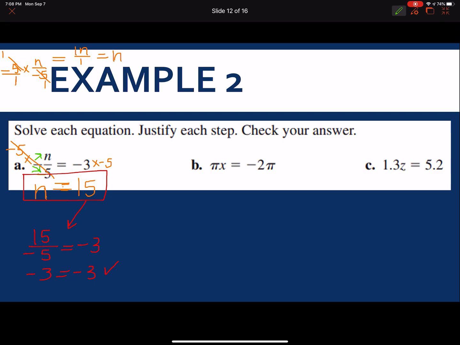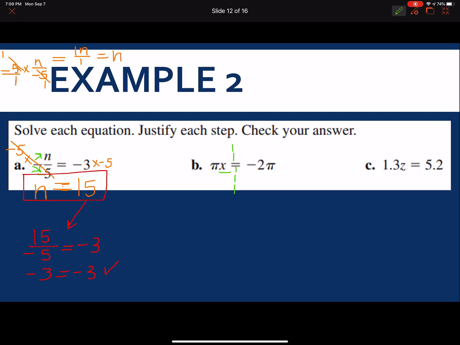On part B, we have pi times x equals -2 pi. Now, again, let's think about our divider as our equal sign. If we don't really know where to start on a problem like this, our variable is on the left side.